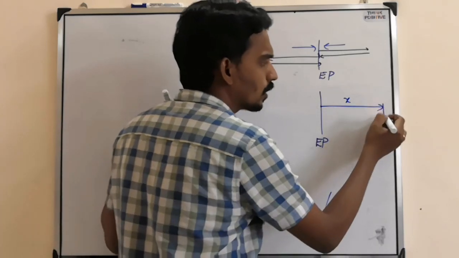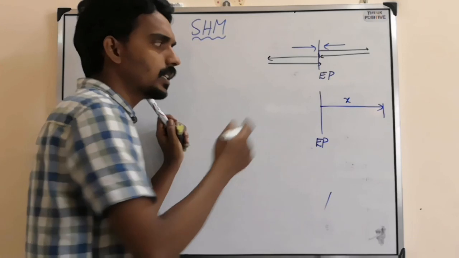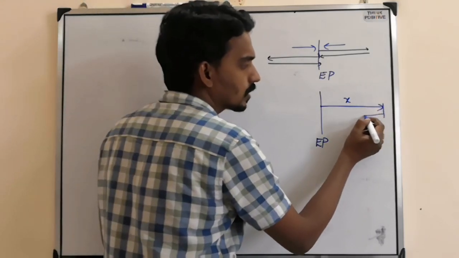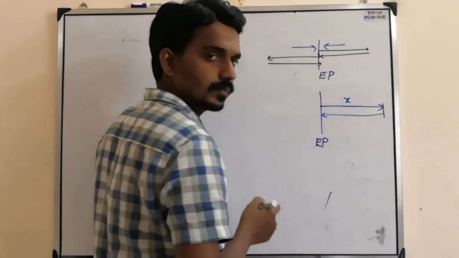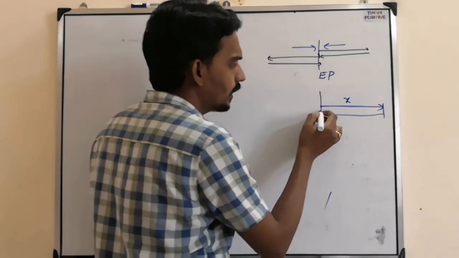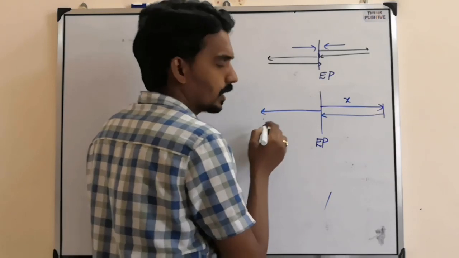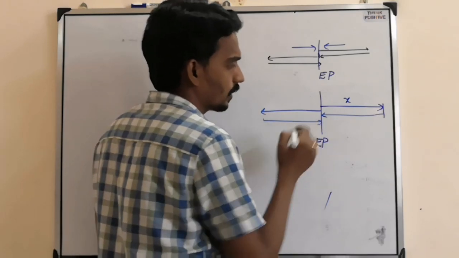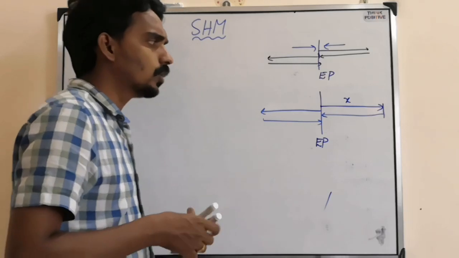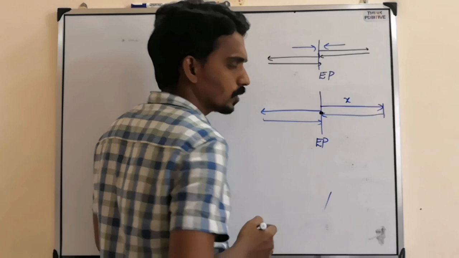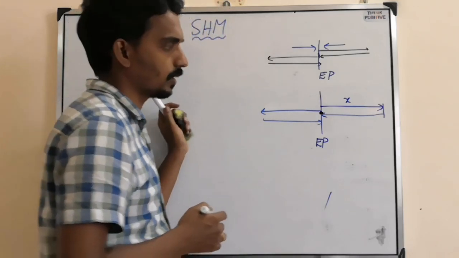At one particular point it reaches maximum, then its velocity becomes 0, then it starts coming back. Then it starts moving in the opposite direction, again velocity becomes 0, then again it will come back. So the displacement always is measured from the central position or equilibrium position.